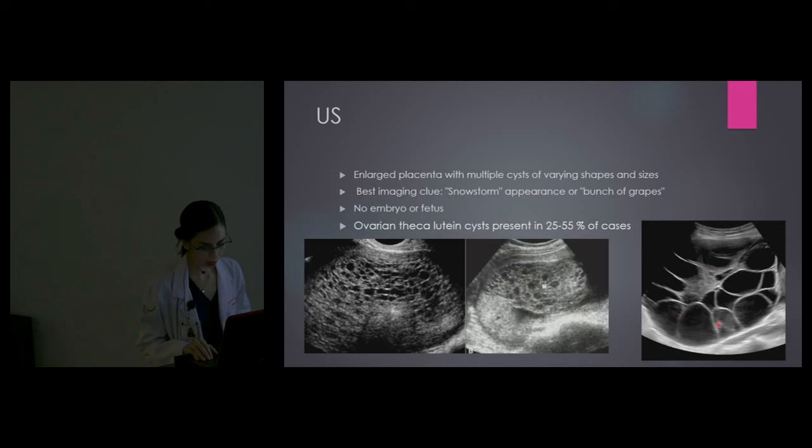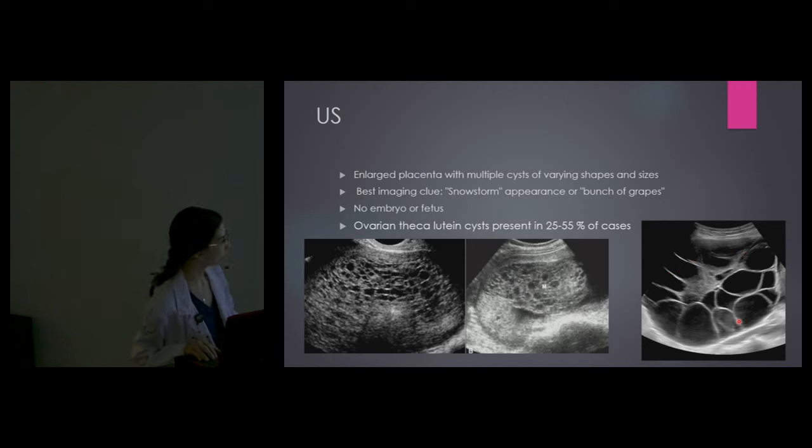As we can see in this image from a transvaginal ultrasound, it shows an enlarged ovary with theca lutein cysts that cause a multiseptated appearance, and these are often bilateral and associated with high levels of beta human chorionic gonadotropin.